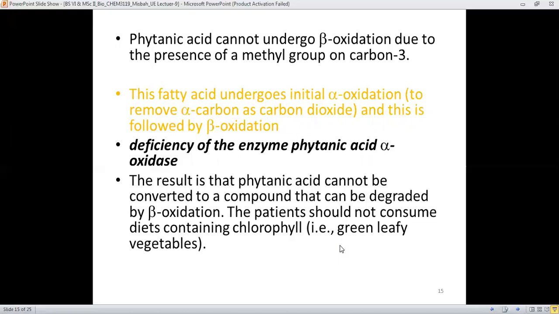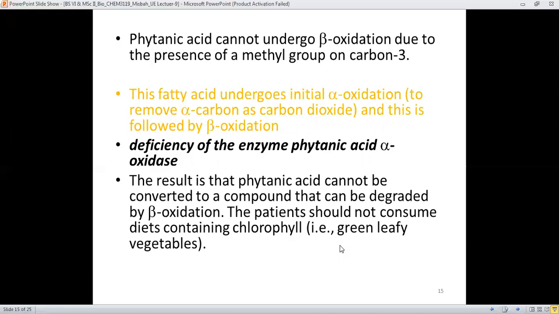Therefore this fatty acid undergoes initial alpha oxidation to remove the alpha carbon as carbon dioxide, and this is followed later by beta oxidation.